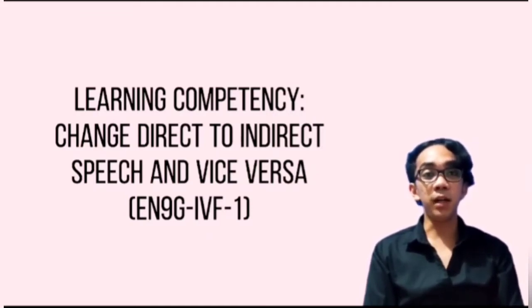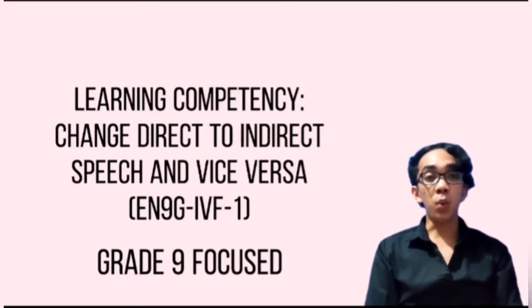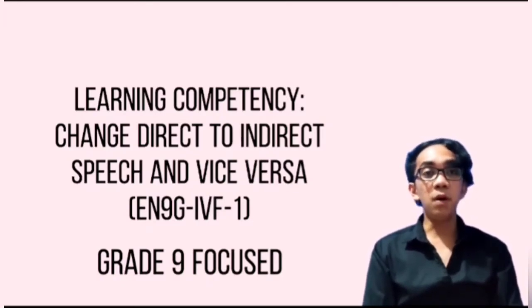This particular learning competency is for grade 9 students, meaning to say that our one-week lesson plan will be focused on the English 9 or the English for grade 9.